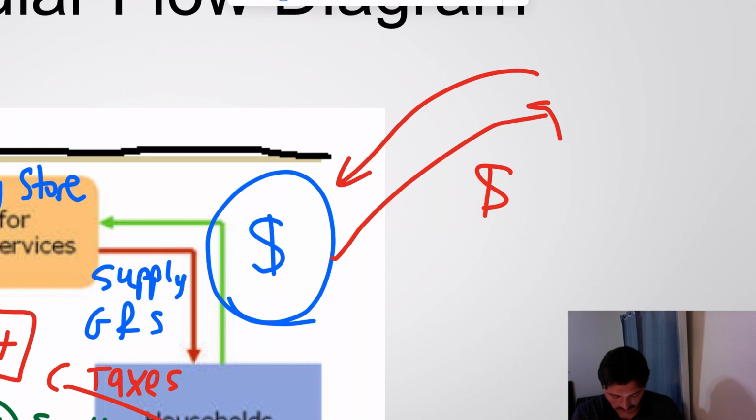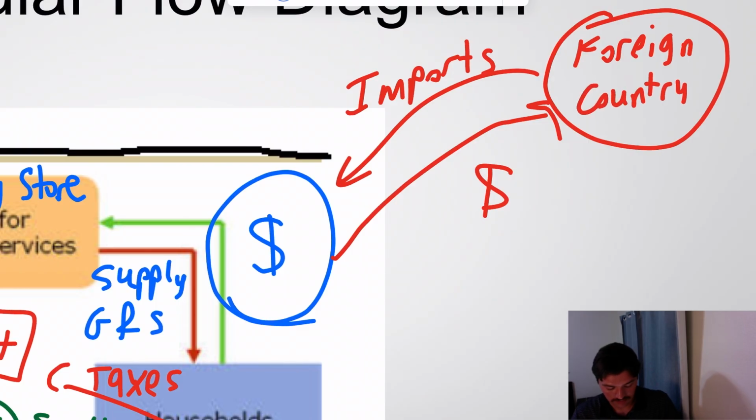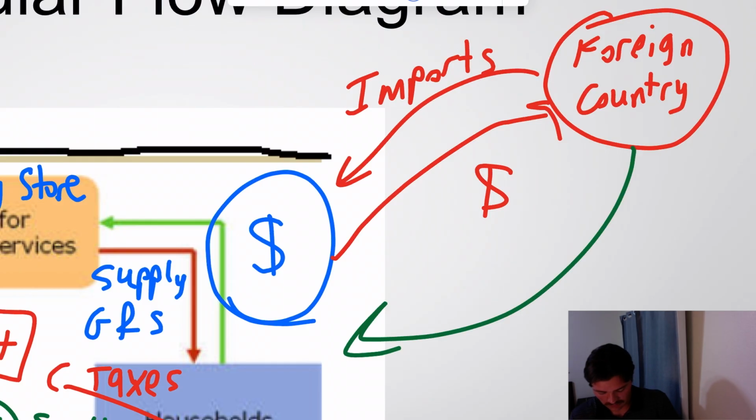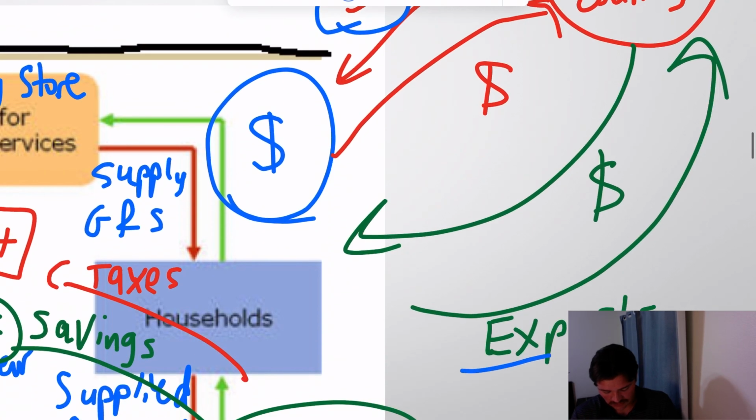So we're going to call those imports. Okay, and what you're doing is you're buying from a foreign country. Now, what can a foreign country do? A foreign country can send money to our circular flow. And what do we send back to them? That is going to be exports. The difference between imports and exports: for imports, goods are coming in, and for exports, goods are exiting.